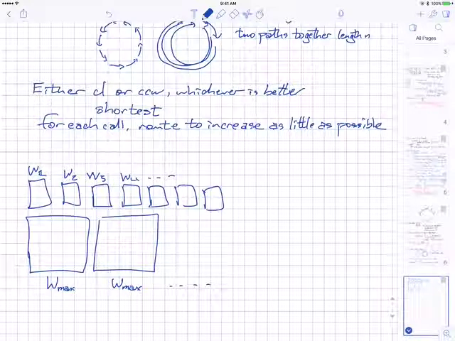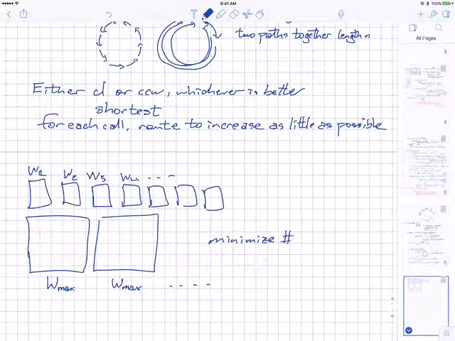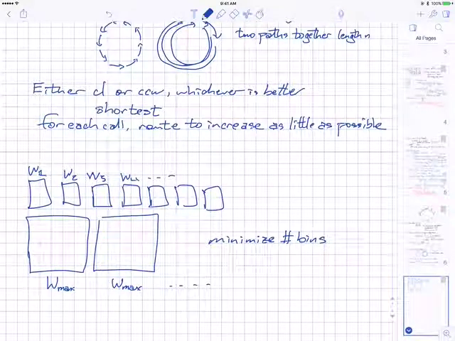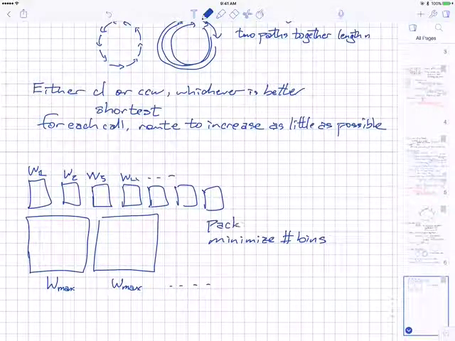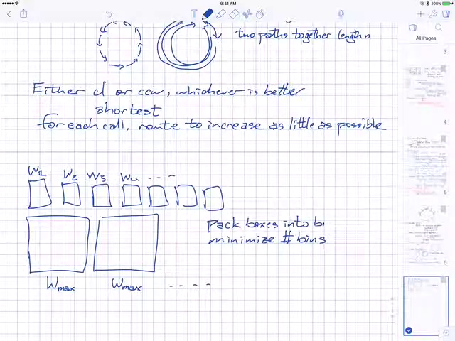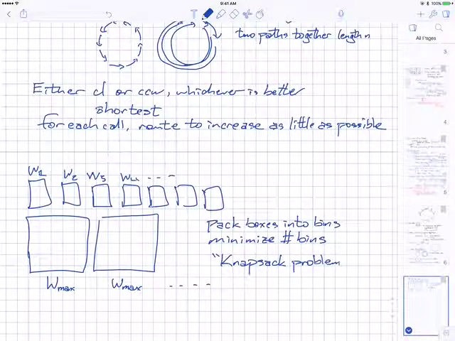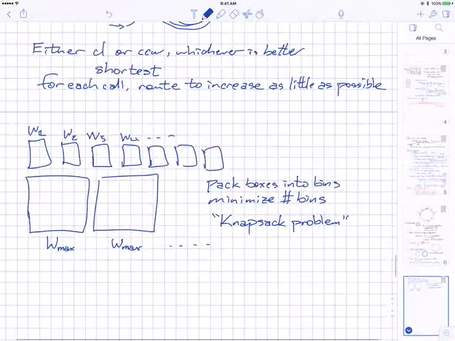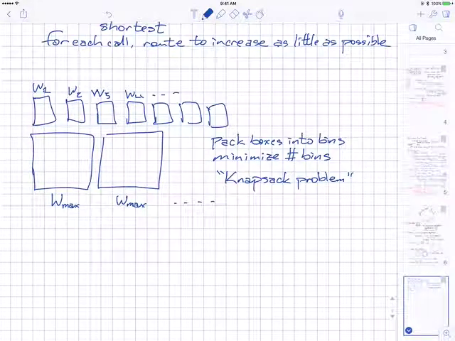And I want to minimize the number of bins. So I want to pack these boxes into bins such that the number of bins is minimized. This is sometimes called the knapsack problem, or this is a special case of what's sometimes called the knapsack problem.